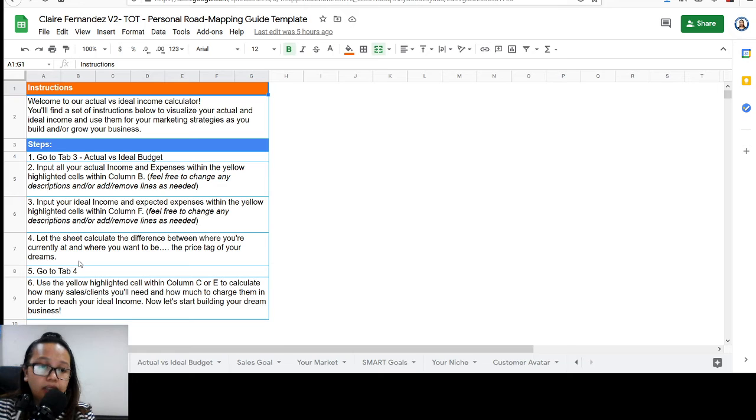Let the sheet calculate the difference between where you're currently at and where you want to be, the price tag of your dreams. Then finally, we'll go to tab 4 and use the highlighted cells within column C and E to calculate how many sales clients you'll need and how much to charge them in order to reach your ideal income. Now let's start building your dream business.